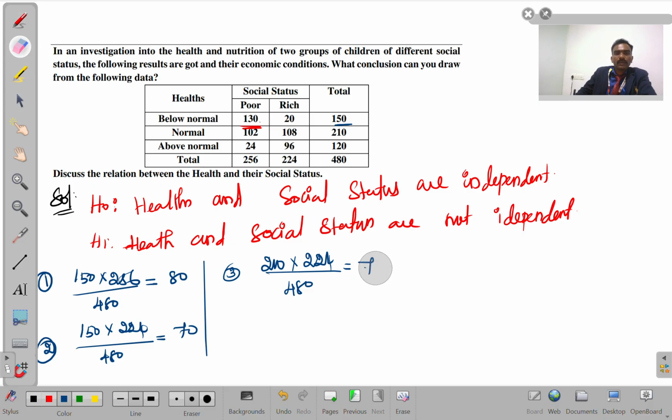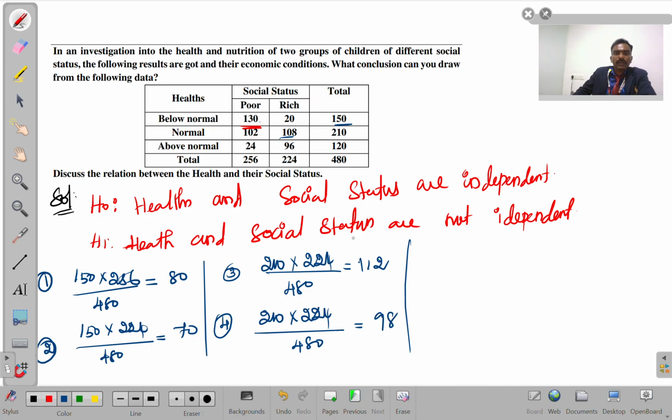112. You can use a scientific calculator for the calculation. Then the next one, 108. The corresponding row total is 210 into 224 divided by 480. The value is 98. Then the next one, for 24, the row total is 120 into 256 divided by 480, value 64.